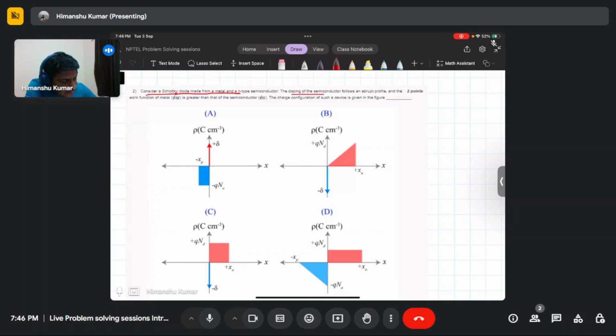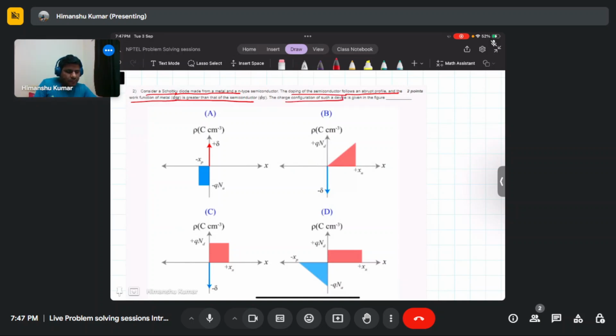The doping of the semiconductor follows an abrupt profile, and the work function of the metal, phi m, is greater than that of the semiconductor. The charge configuration of the device is shown in the figure.